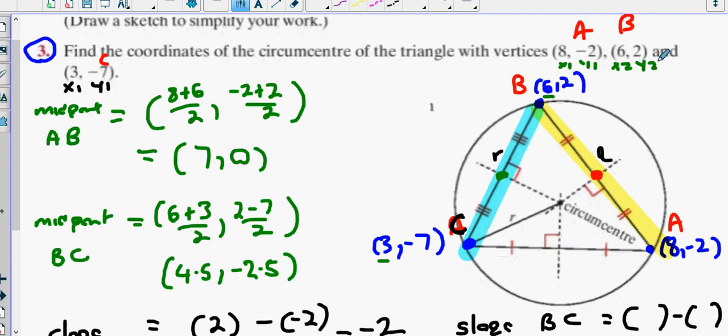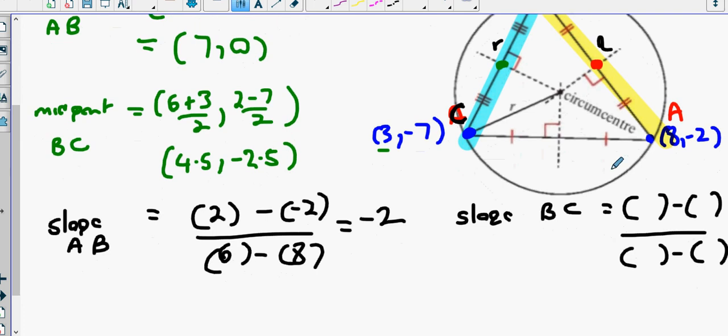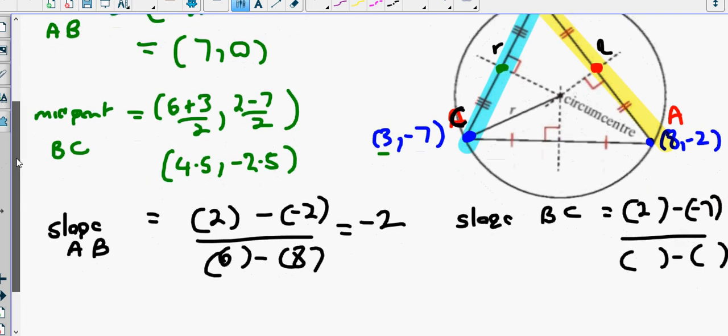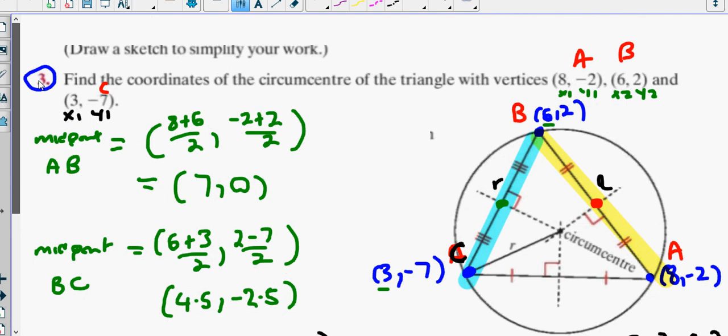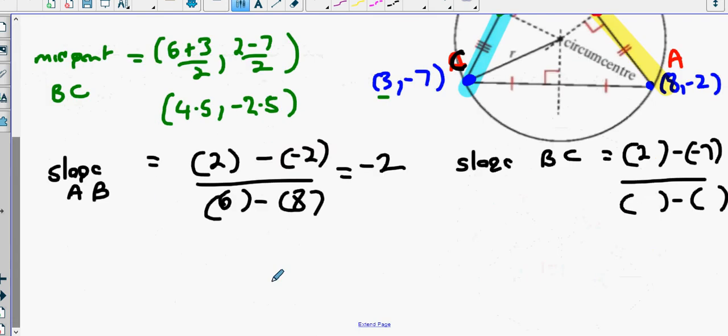So 2 minus minus 7, and then 6 minus 3 on the bottom. I'm about to get 9 over 3, which is 3. Then I get the slope of BC is 3.